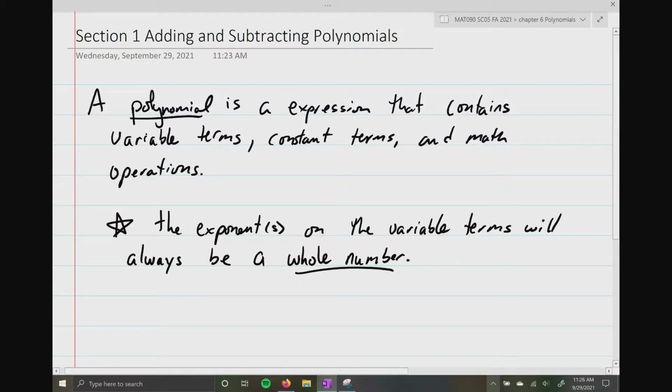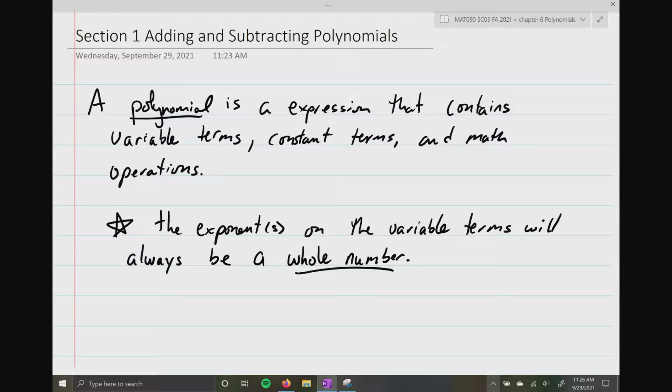So those exponents are going to be 0, 1, 2, 3, 4, 5, 6, 7, 8, and so forth. All right? You will never have an exponent that's a fraction and it be called a polynomial. That's called a rational expression. It's something different.